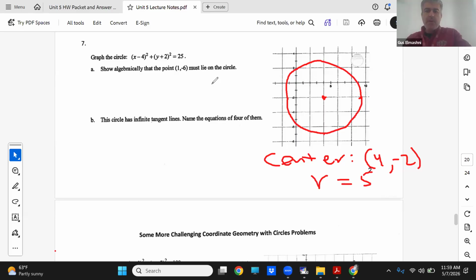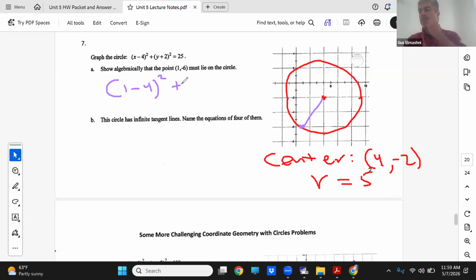So 1, negative 6, if I eyeball it, is somewhere over here. It looks like I did okay with my graph. But how do you verify that 1, negative 6 works? I went 5 up, 5 down, 5 left, 5 right.